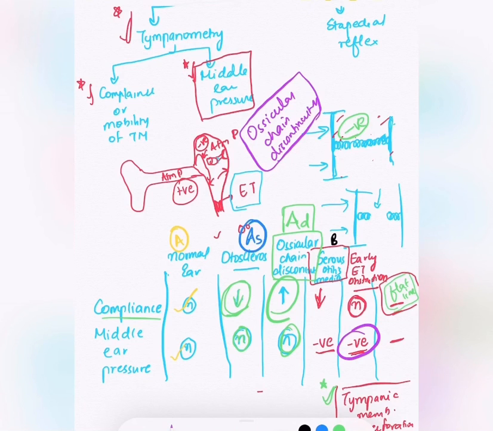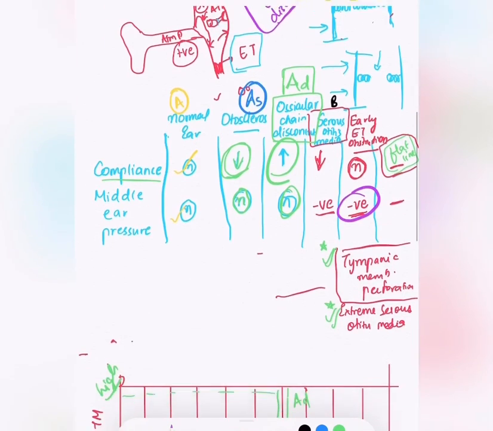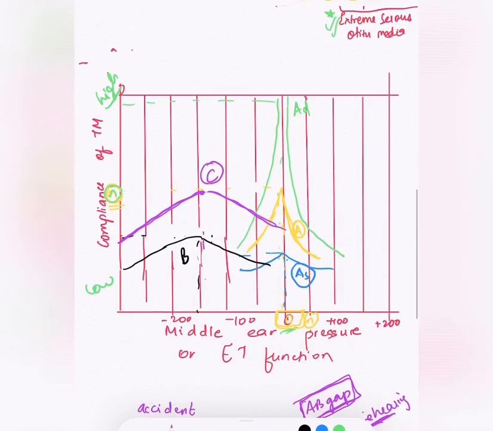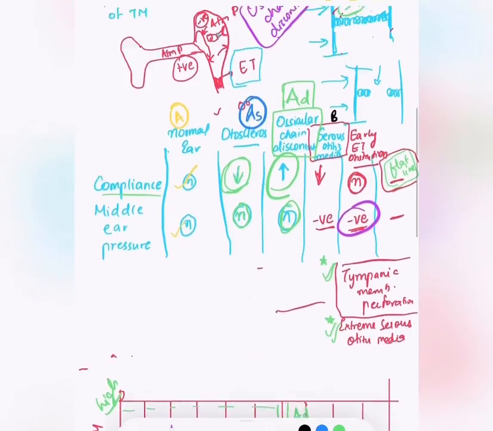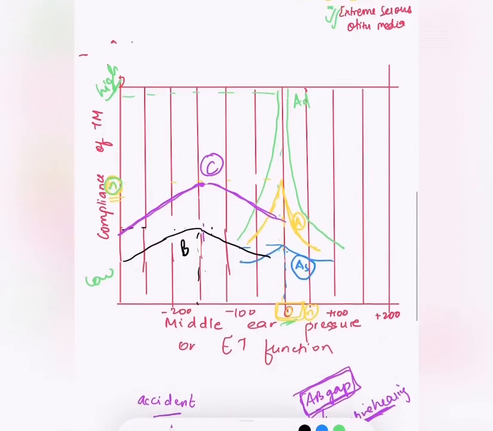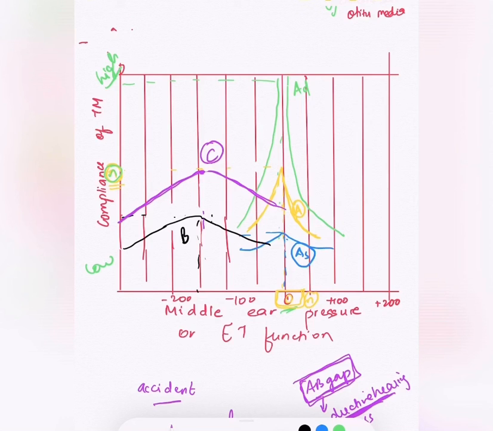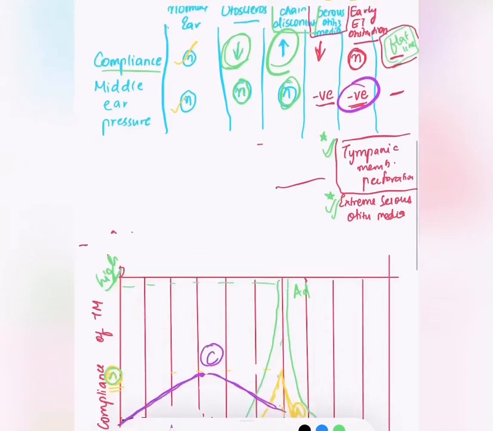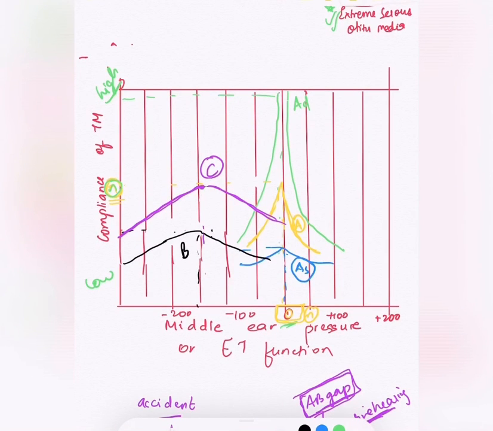Okay, so now you want to confirm your diagnosis, so you will get a tympanometry done. So which type of curve will you get? What did I tell you? Whenever there is a discontinuity of the chain, the tympanic membrane becomes hypermobile, so the mobility compliance has increased, but there is nothing to do with the eustachian tube. So obviously the middle ear pressure will remain normal.